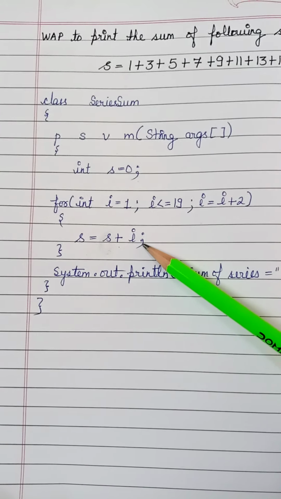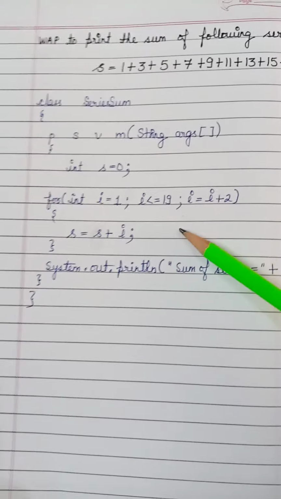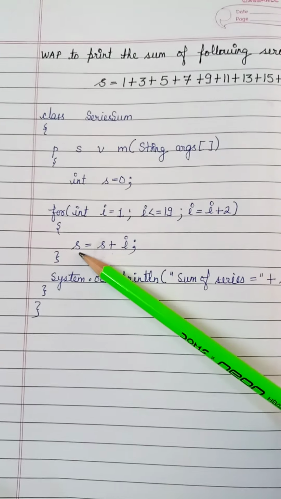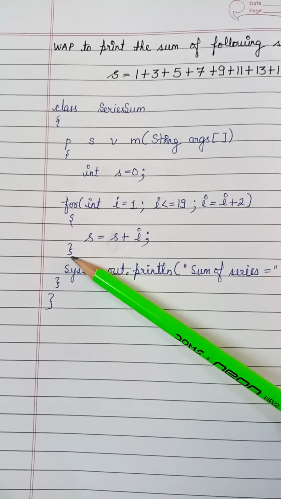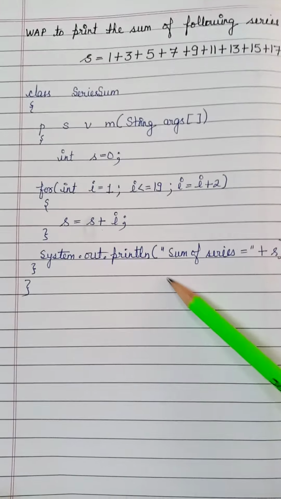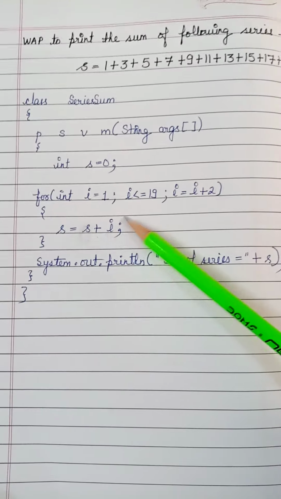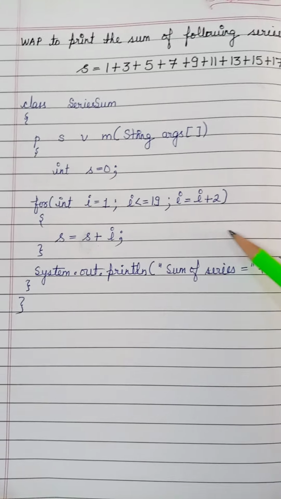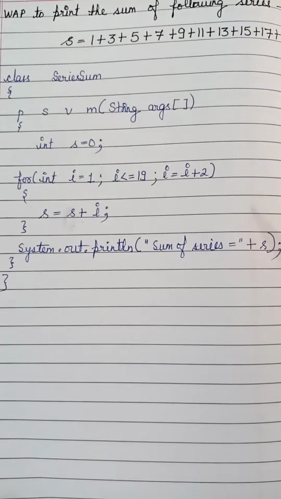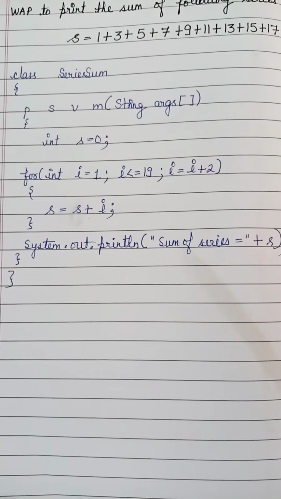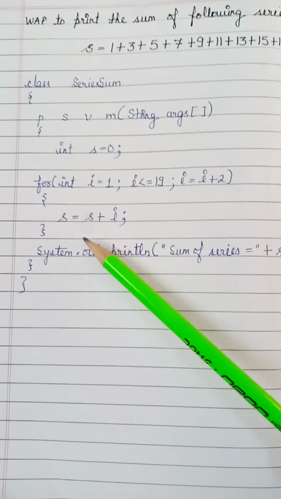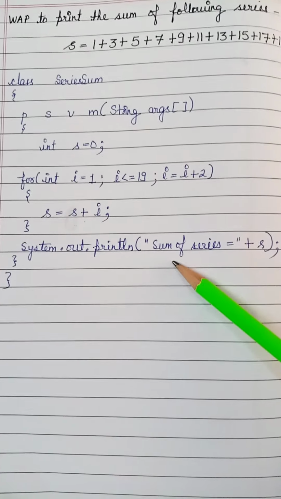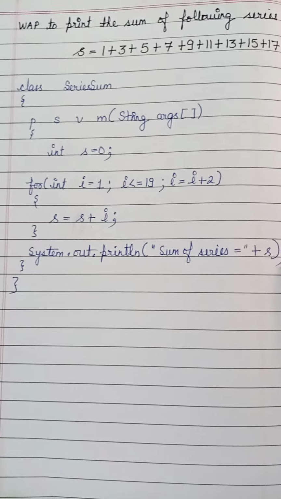So 4 plus 5, and like this you will get the sum of this series in the variable S. Now after closing this loop you will print the sum of series, not in the loop. You don't have to print the intermediate results, you have to print the final sum that you get after closing the loop. So SOPLN, sum of series, equals S.